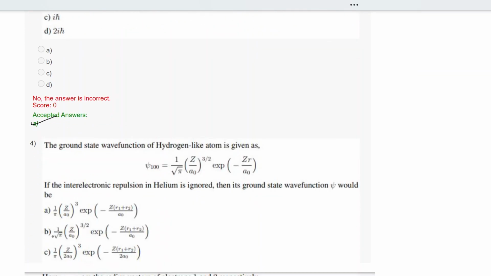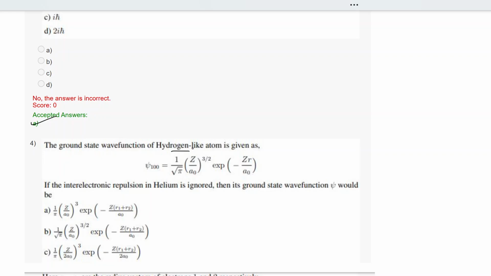Okay. Now question number 4. Ground state wave function of hydrogen-like atom is given by this. Then if the inter-electron repulsion in helium is ignored, then the ground state wave function psi would be of what form? So hydrogen-like atom means, you know that hydrogen has only a single electron.